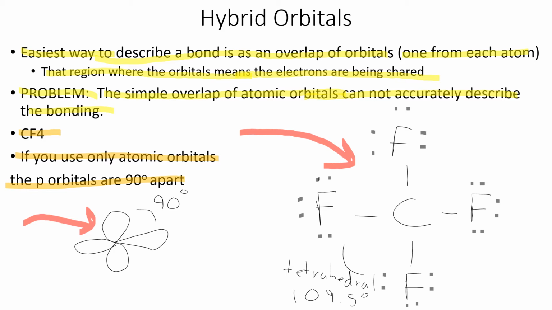Those angles are 109.5 degrees apart. That angle from fluorine to carbon to fluorine is 109.5 degrees. You can't rationalize that with just the atomic orbitals and p orbitals that are 90 degrees apart. So we can't just use atomic orbitals to describe the bonding. This is where hybrid orbitals come in.